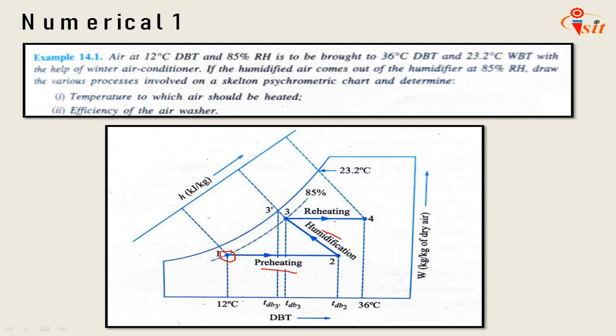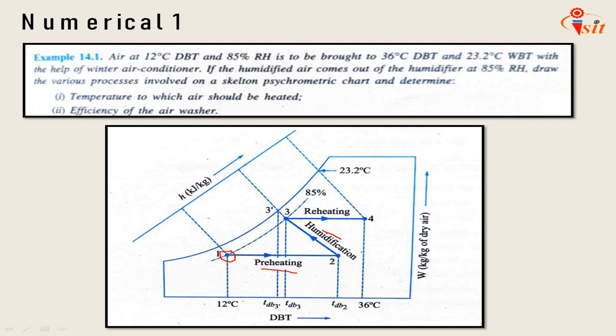Preheating of entering air in the preheater, shown by the arrow 1 to 2. Humidification of preheated air from 2 to 3 in a humidifier or air washer, and reheating of humidified air in a reheater. These processes are shown by 1 to 2, 2 to 3 and 3 to 4 on the psychrometric chart.